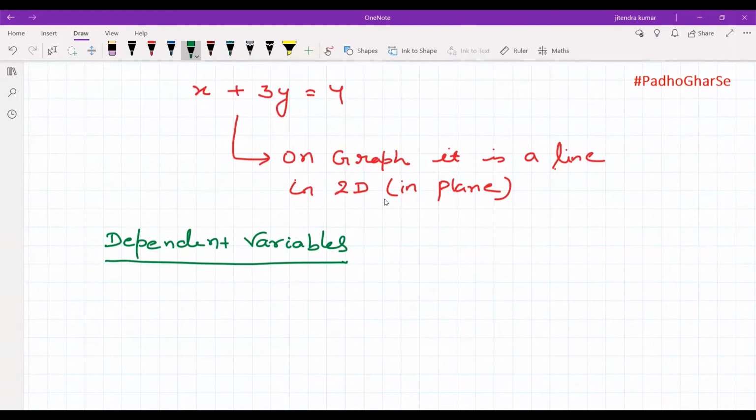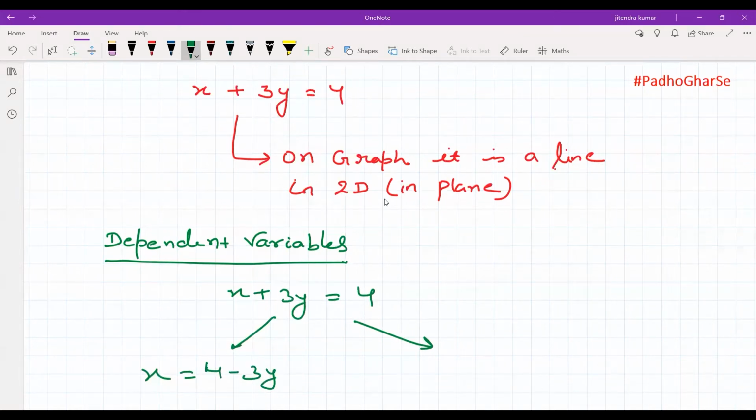Let's take this equation only: x plus 3y equals 4. We can write this equation in two forms. We can write x is equal to 4 minus 3y, or we can also write y is equal to (4 minus x) upon 3. So the same equation is written here in two forms.